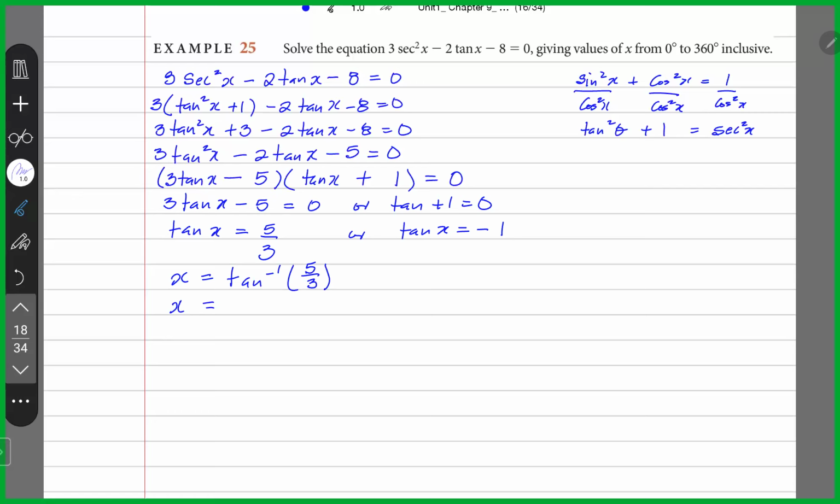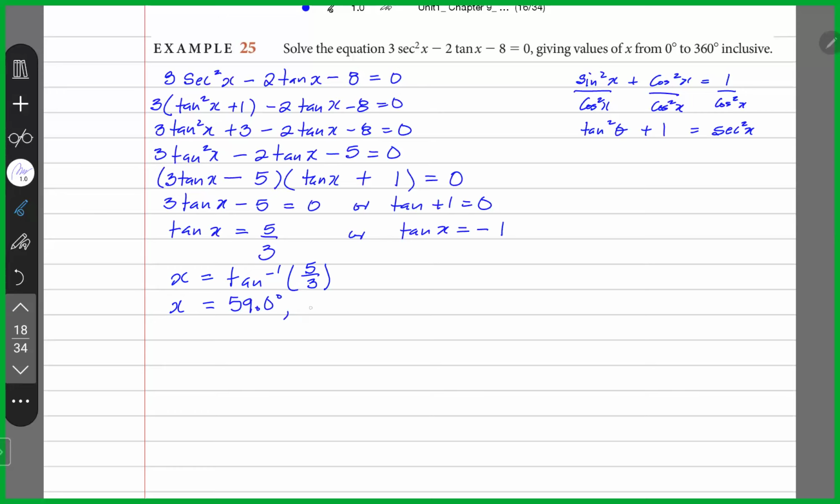So it's shift tan 5 over 3, close bracket. So the answer in the first quadrant is 59 degrees, or 59.0 degrees. That's my answer in the first quadrant.